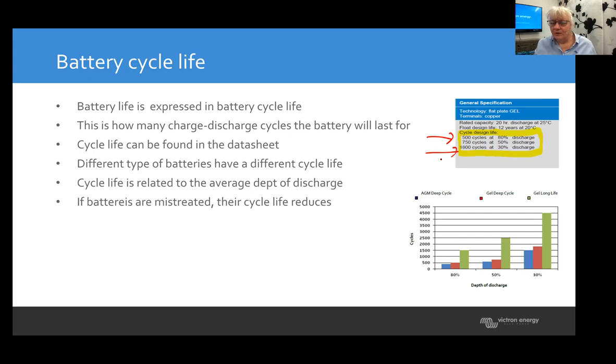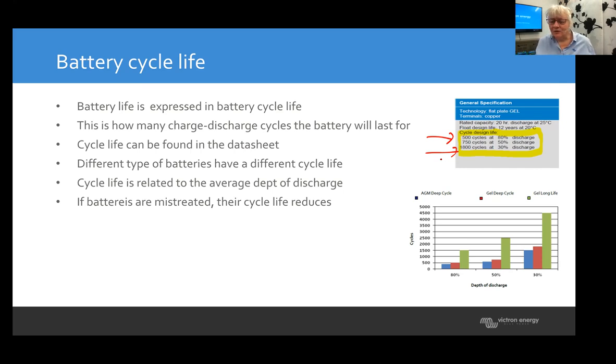So if you look at how many dollars or cents you pay for each cycle, if you compare lithium and lead acid, lithium, although the initial outlay is a lot dearer, your cycle price, so the price that one cycle costs, is actually less. That's also why more and more people are finally realizing that, yes, you need to pay more money in the beginning, but once you have lithium, you actually have a cheaper cycle price than when you use lead acid. So that's slowly getting into people's minds a little bit.